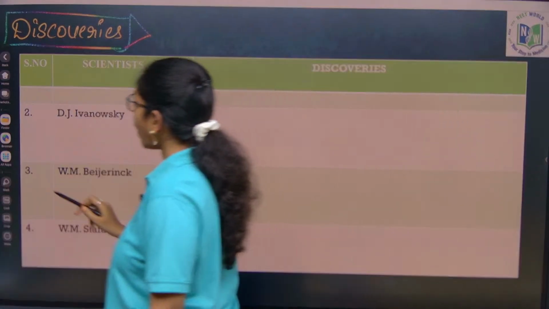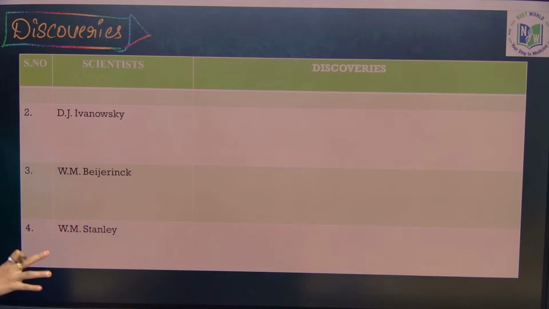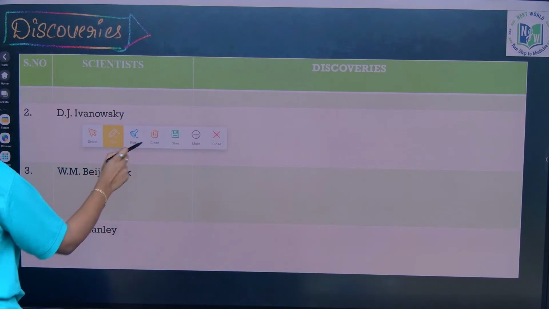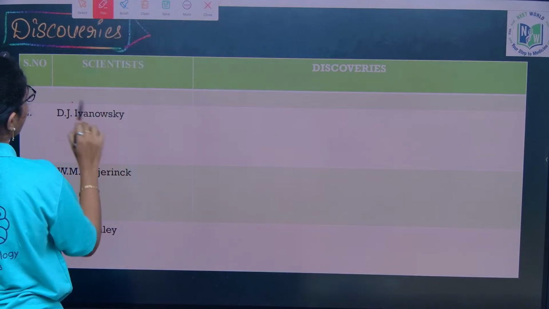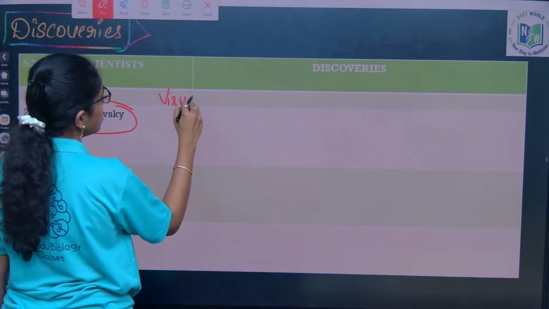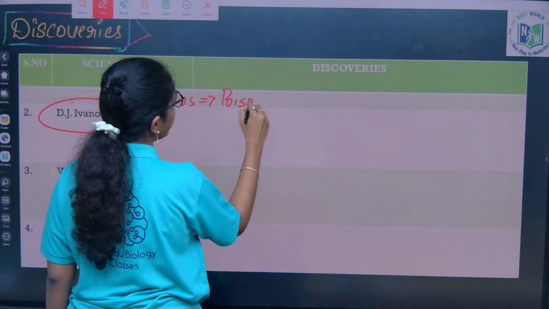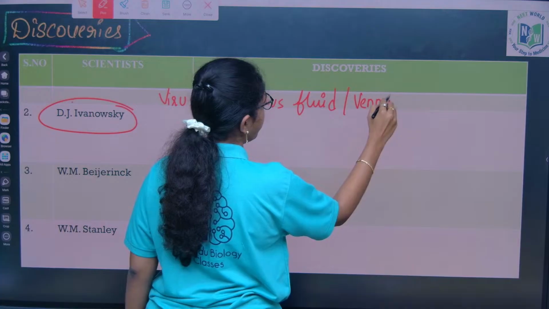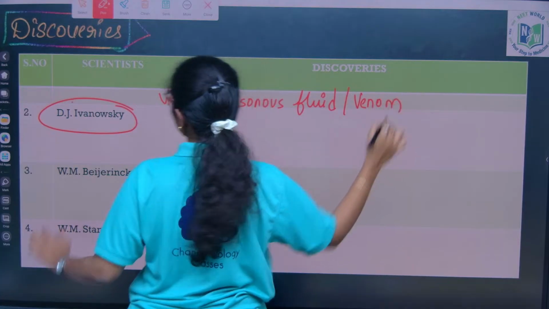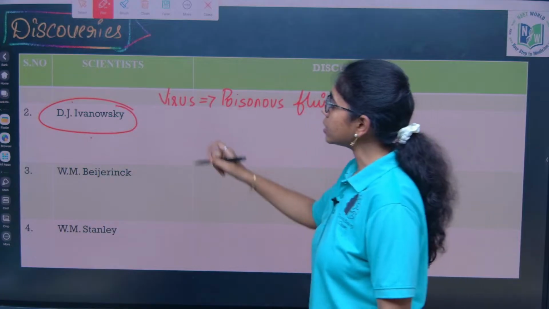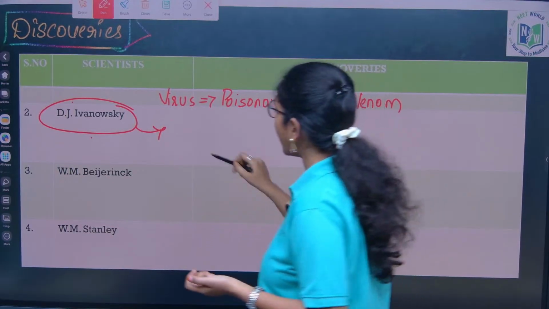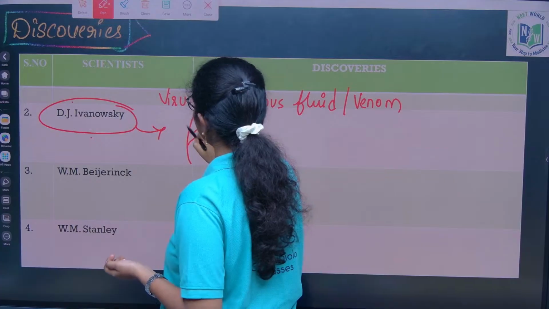First, virus was described as poisonous fluid or venom by Ivanovsky, the scientist who extracted the fluid from an infected plant, a plant which has tobacco mosaic disease.